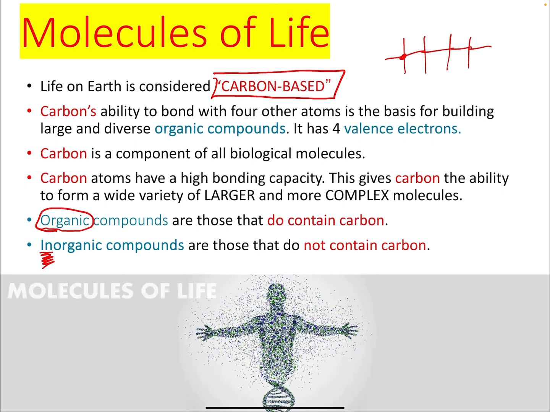At each of these intersections, you'll be able to have 4 things attached to it, and so it can go on for 4 carbons, or as it says on the next slide, it could have up to 4 million building blocks of carbon. That's why we're carbon-based life forms. It's at the heart or backbone of our carbohydrates, fats, proteins, and our DNA. All biological molecules have carbon inside of it.